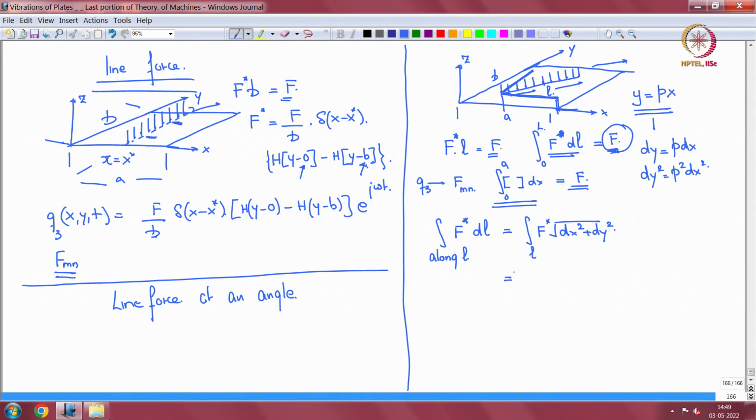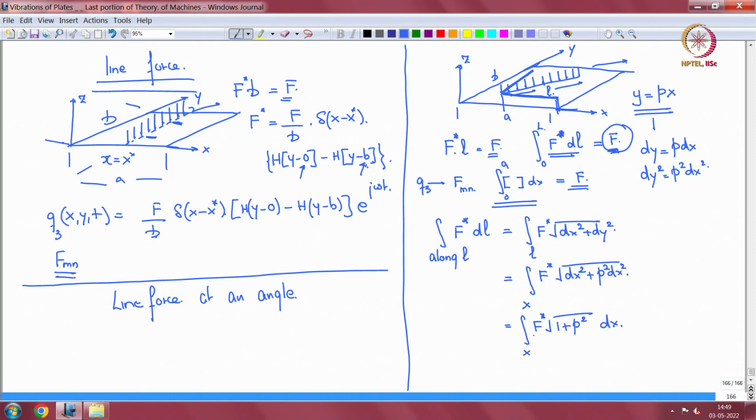Now, I am going to integrate along x: F star square root of dx square plus p square dx square, which is the integral along x of F star square root of 1 plus p square dx.